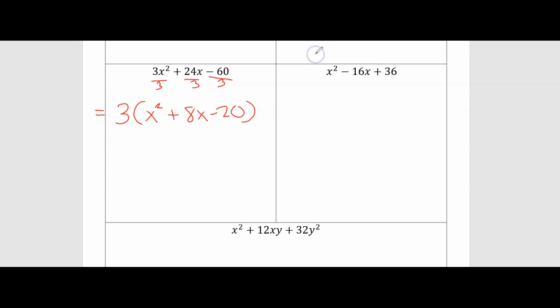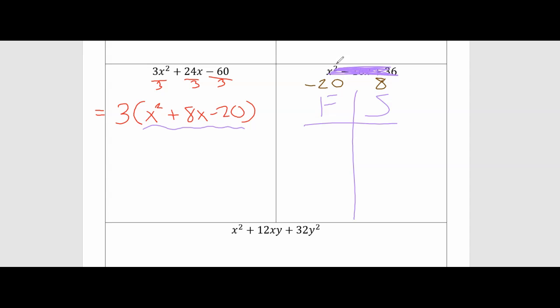And now I can go back and use my factor sum chart to factor what's inside. Okay, we're not going to do this problem, so let me just do my factor sum chart over here. I'm going to be looking for factors of negative 20 that sum to positive 8. And if we're finding factors of a negative number, think about the signs of what those factors must be.